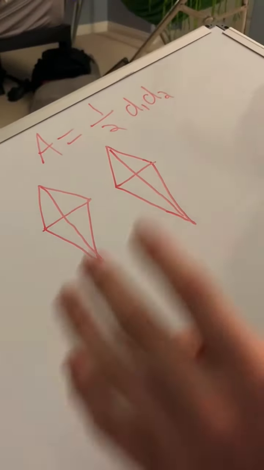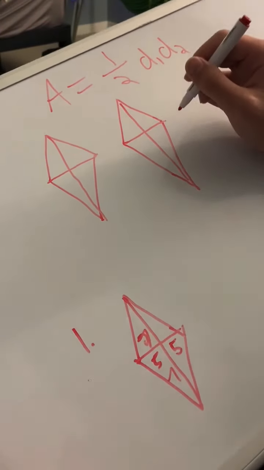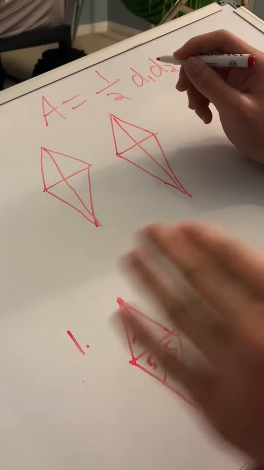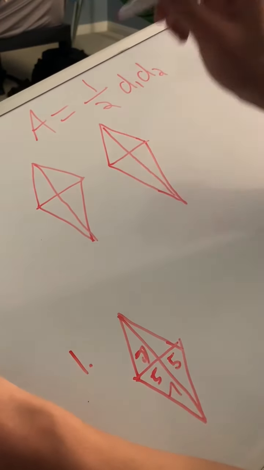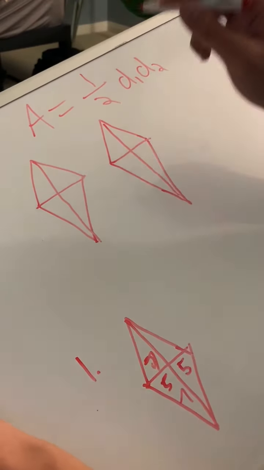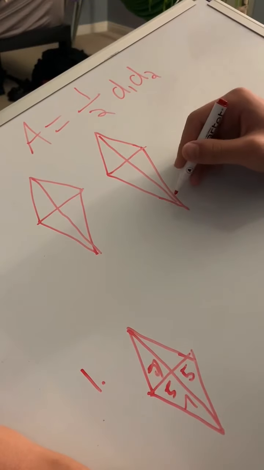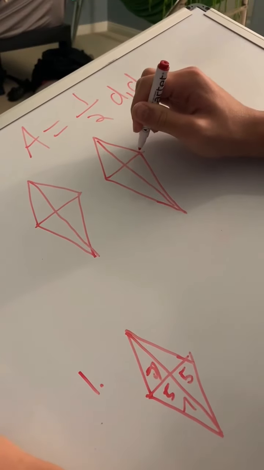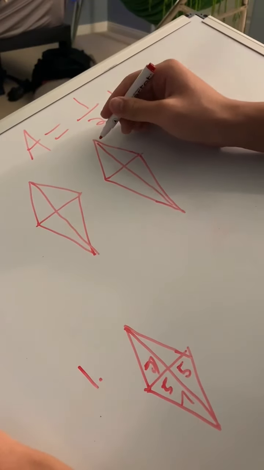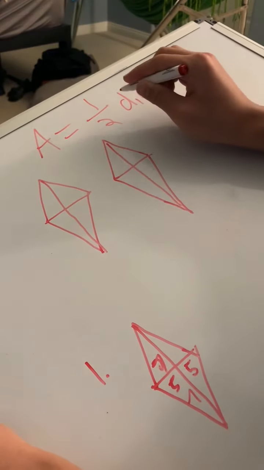All right. So this lesson, the second part of 10.2, we're learning about rhombuses and kites. Ignore this problem down here. We're gonna do that later. So the equation for a rhombus and a kite, they're both the same formula, is 1/2 times diagonal 1, which is the entire diagonal down, and diagonal 2, the diagonal across. So you want to figure out the entire diagonal down and the diagonal across before you can even think about doing the formula.